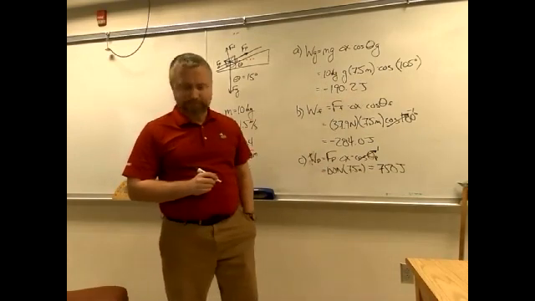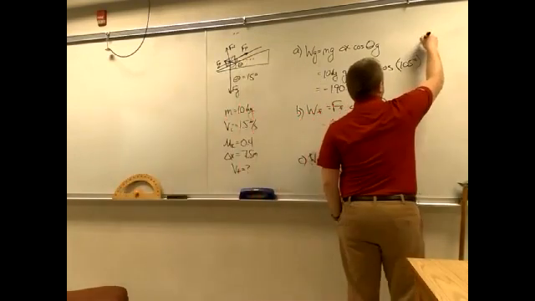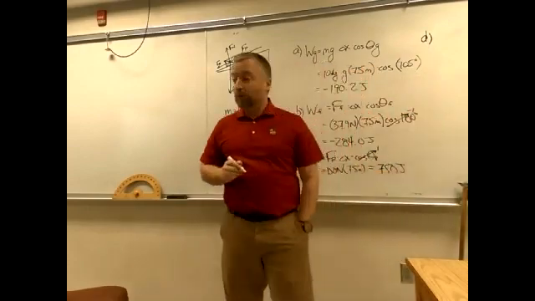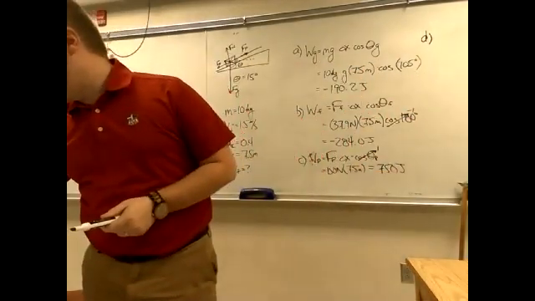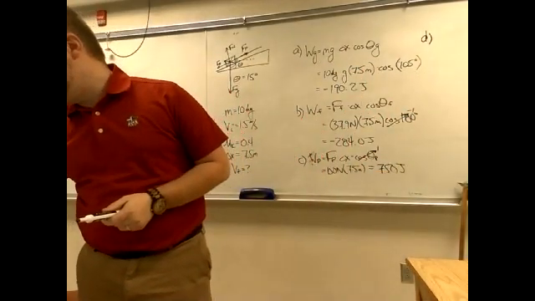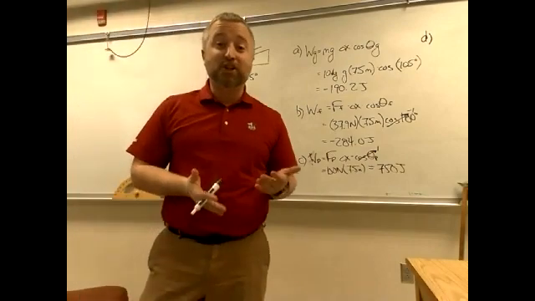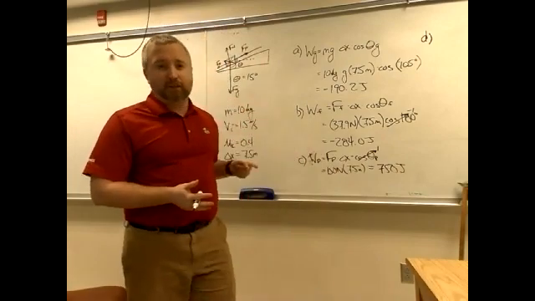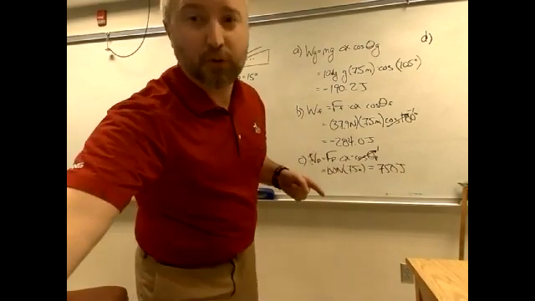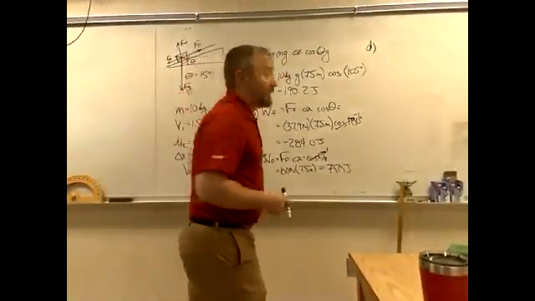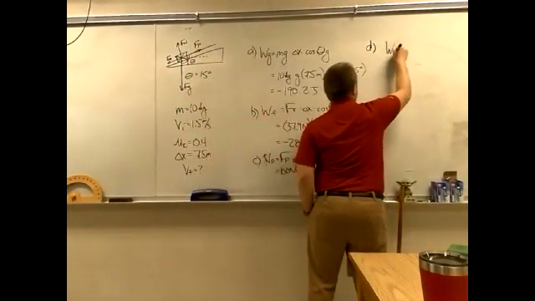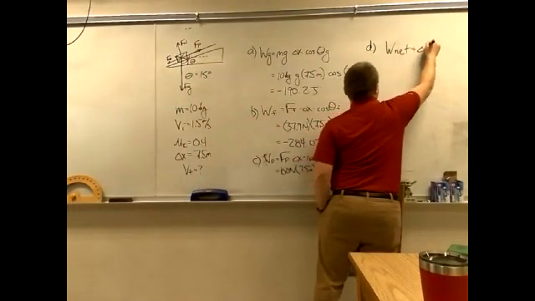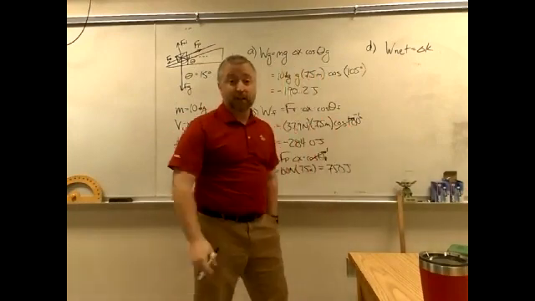Now, part D. Part D asks specifically, I want to make sure I don't get this wrong, what is the change in kinetic energy of the object? Now, it's a little bit different than everything we've been asking so far until you realize the work kinetic energy theorem is the work net is equal to the change in kinetic energy.